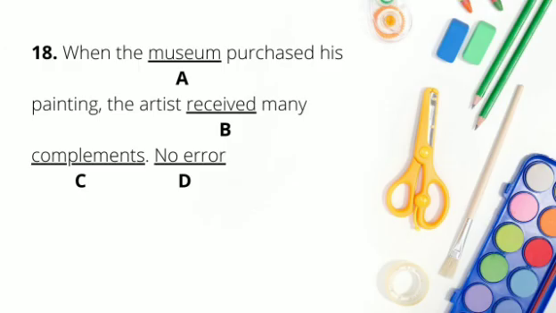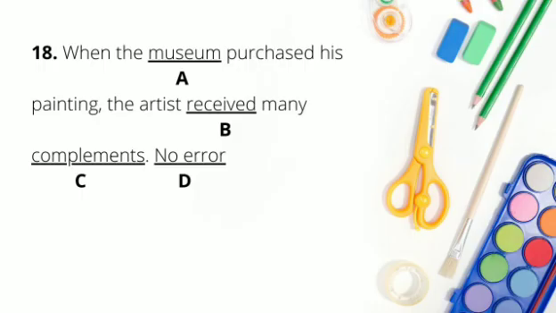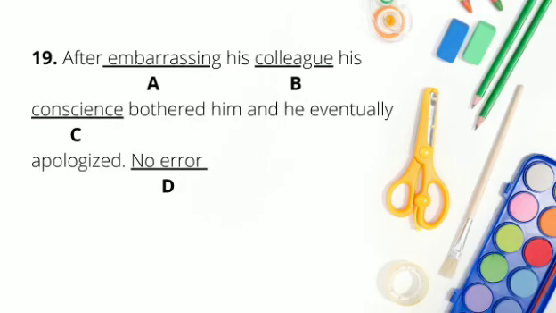Question 18. When the museum purchased his painting, the artist received many compliments. The error is at C. The word we need is spelled C-O-M-P-L-I-M-E-N-T-S, and this one means praise or commendation. Number 19.